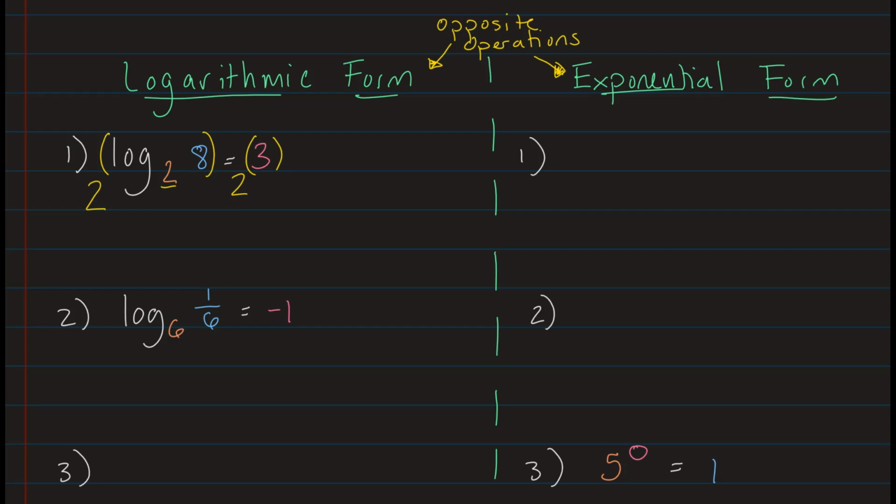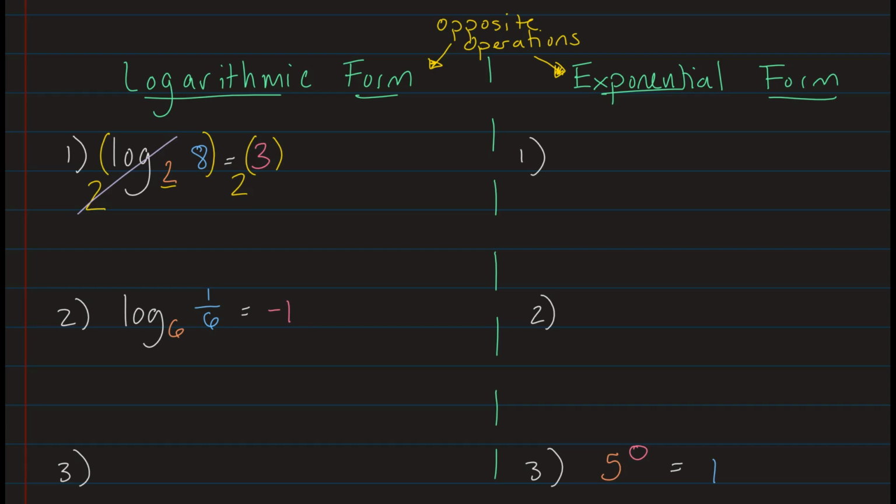Now, because exponentiating is the opposite operation of log, when I have a base of 2 raised to the power of log base 2, those two cancel each other out. They are opposite operations. So they cancel out. And all that you're left with is that 8.